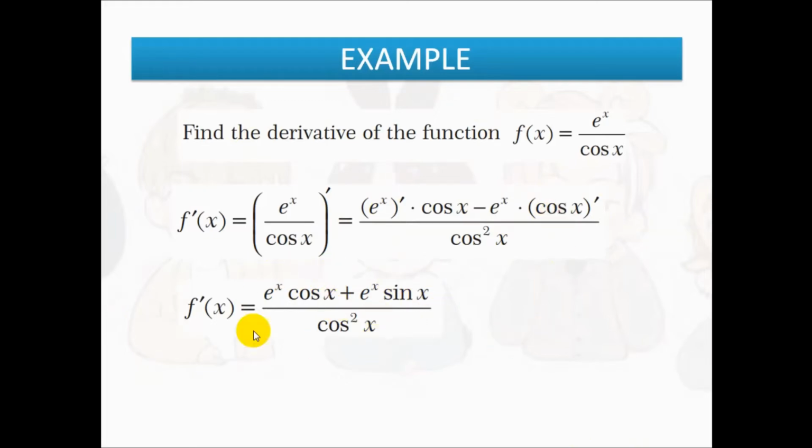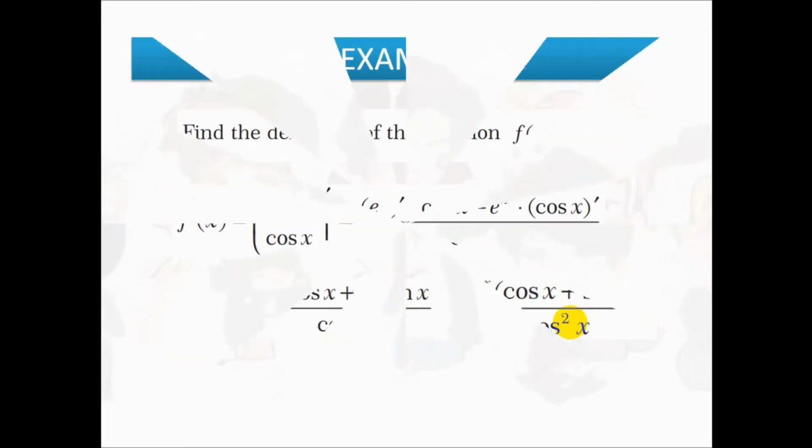So we get the new form. We can simplify the e to the power x and e to the power x here and take it in front of the function, and we get e to the power x times (cos x plus sine x) over cos squared x. So this is the result.